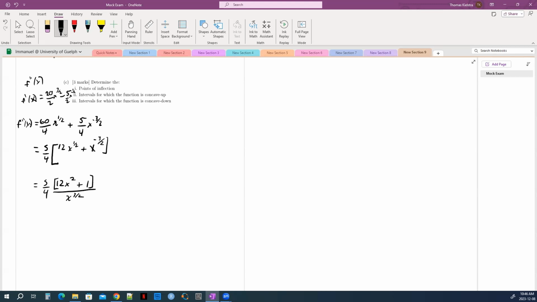And the 12x squared plus 1, we can't actually factor. So this gives us our expression.